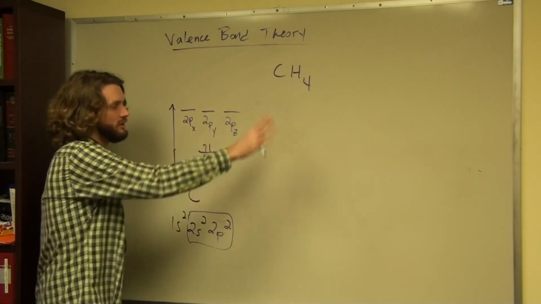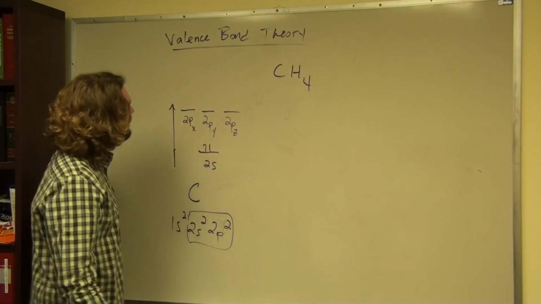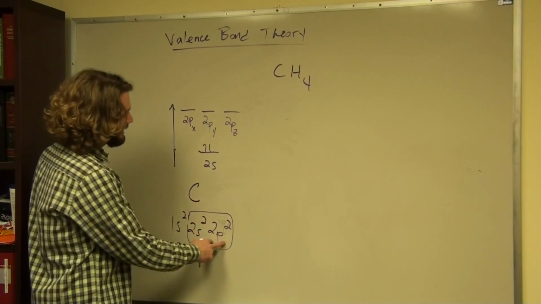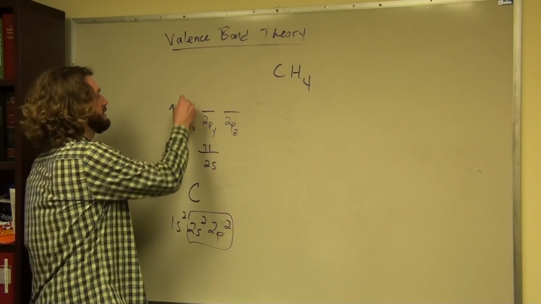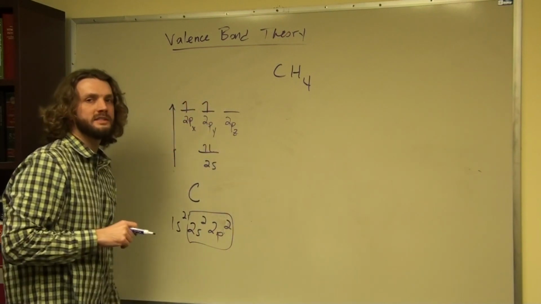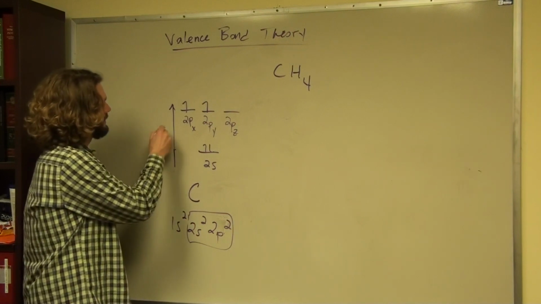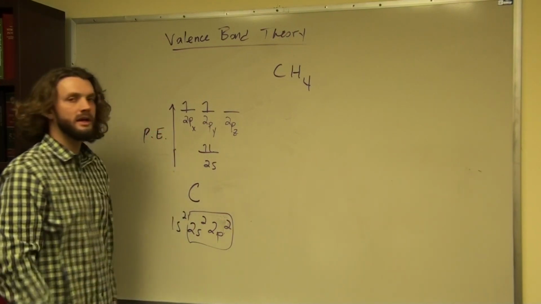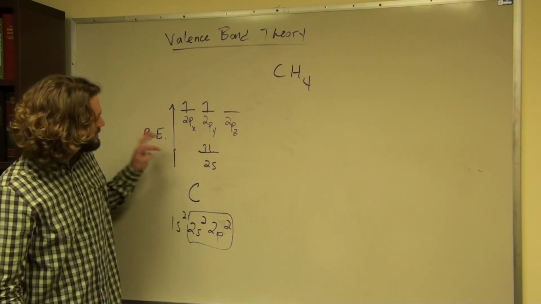The x, y, and z correspond to Cartesian axes, okay? And so I have 2 electrons there, so I'm going to follow Hund's rule, all that good stuff that you've learned, to populate those, maximizing spin first, and I end up with this. Okay, that's my atomic orbitals of carbon.